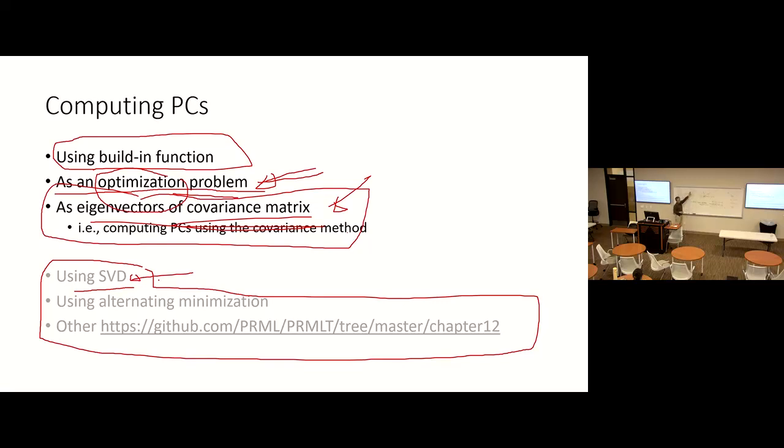SVD will be more direct in decomposing your data matrix into a rotation matrix and also a Gram matrix. A Gram matrix is a distance matrix. So essentially the PCA and the SVD are the same.